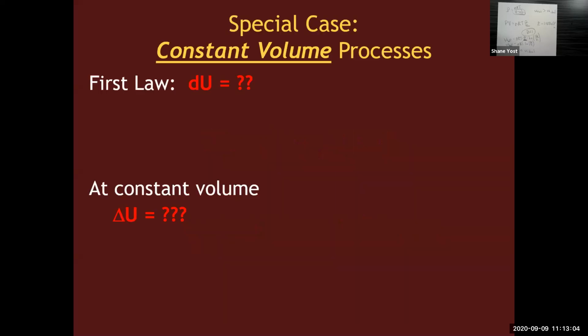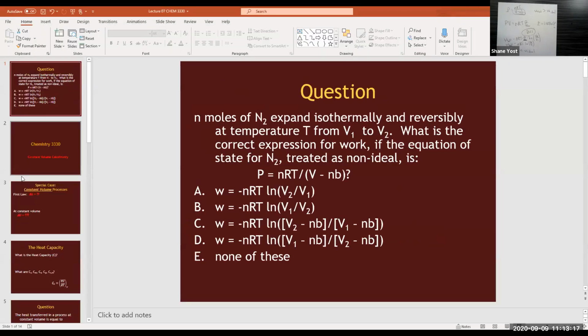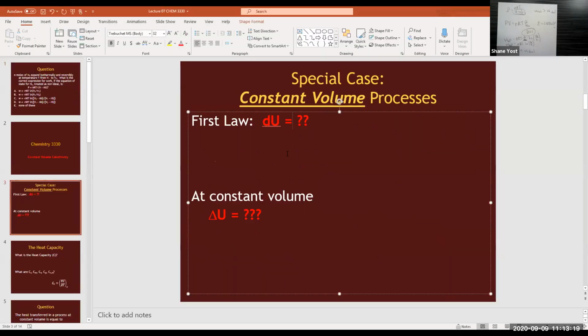Before we get to the final answer here, let's first talk about, if I have some small change in internal energy dU, some infinitesimal small change in internal energy, what is that related to according to the first law of thermodynamics? What should it be equal to?